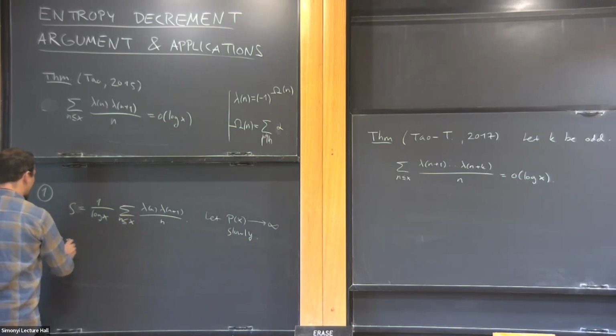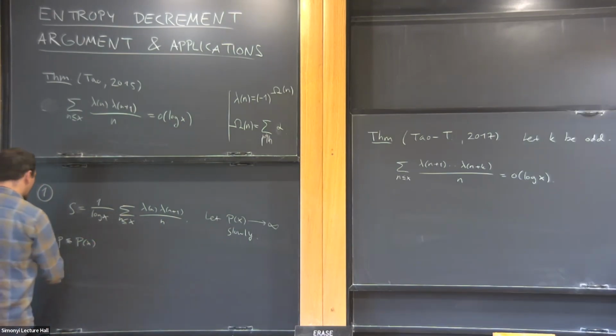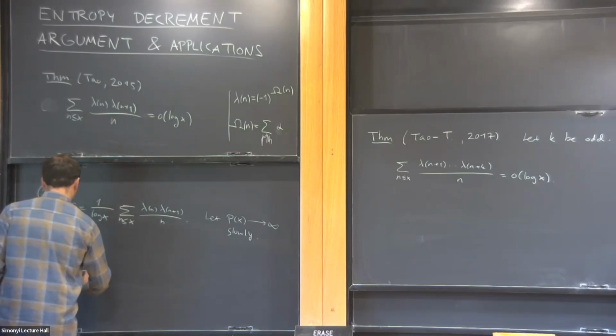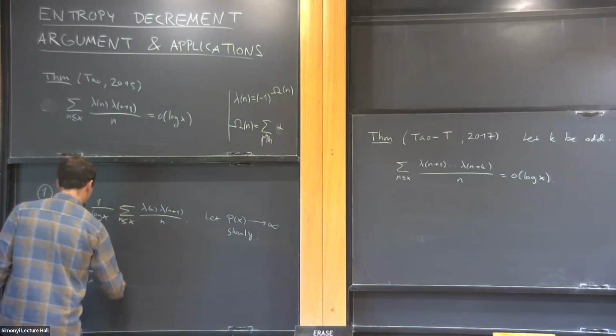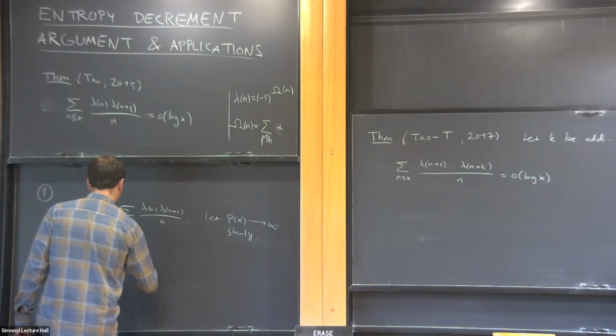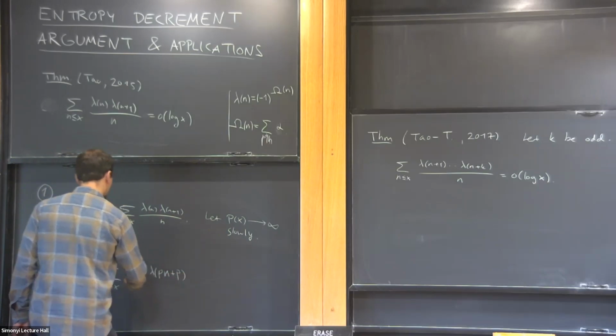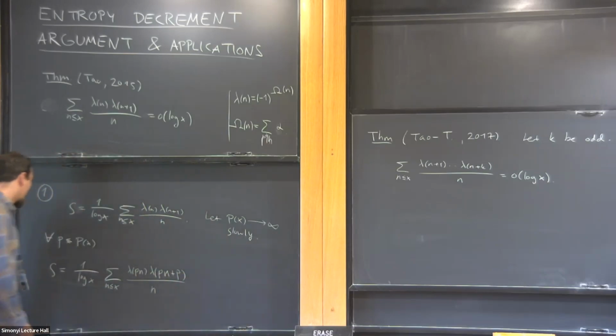So for any prime p less than P of x, we can write S as, we just artificially add p of n here to the summation. So lambda of pn, lambda of pn is lambda p lambda n, over n. Okay, so that's because lambda p is -1.